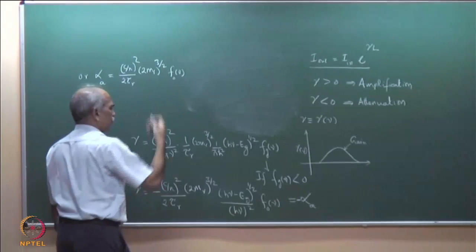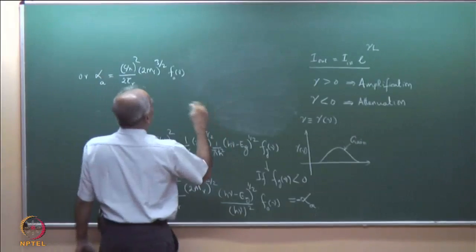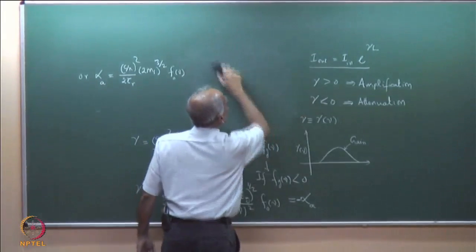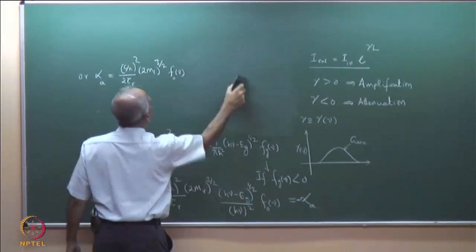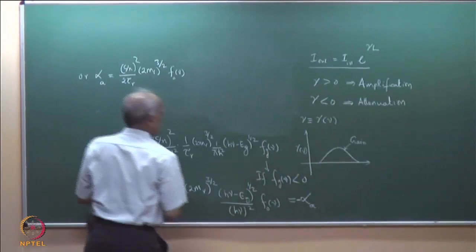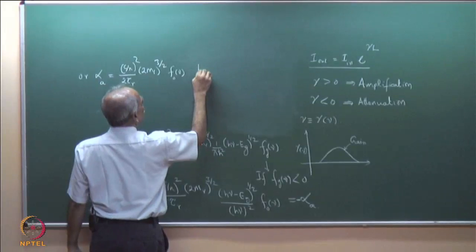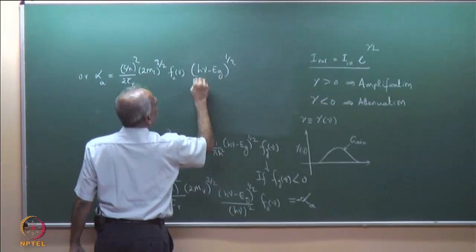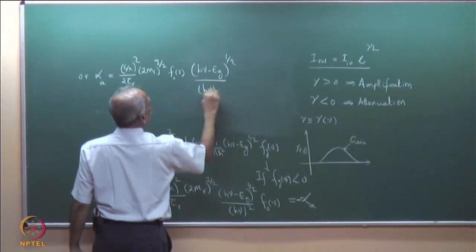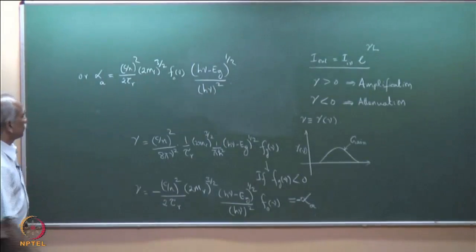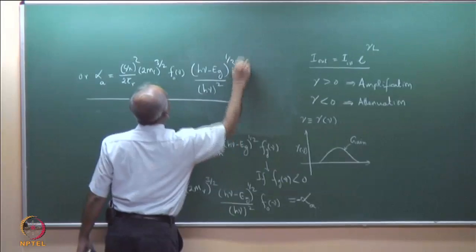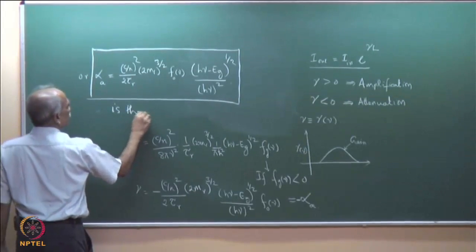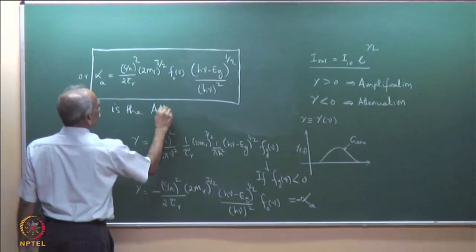I am writing f 0 of nu to indicate that this is a positive number, f 0 of nu is basically mod f g of nu, into h nu minus E g to the power half divided by h nu whole square. So, this is the attenuation coefficient.